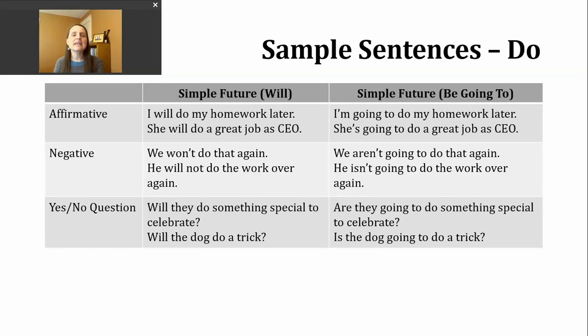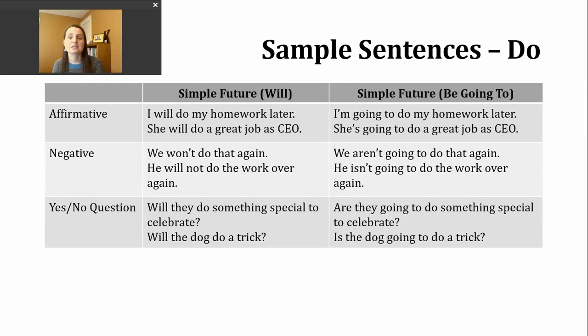Okay? If someone says, I will do my homework later, this might be indicating a promise. This might be something a child says to their parents, right? I want to play with my friends. I will do my homework later. I promise. But if a parent asked a child, when are you going to do your homework?